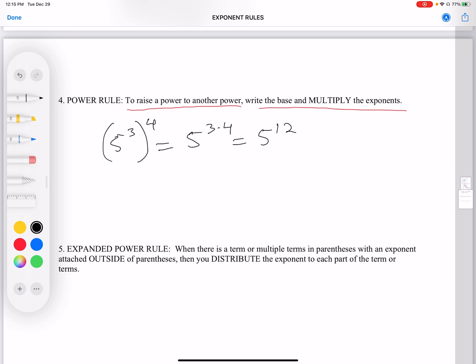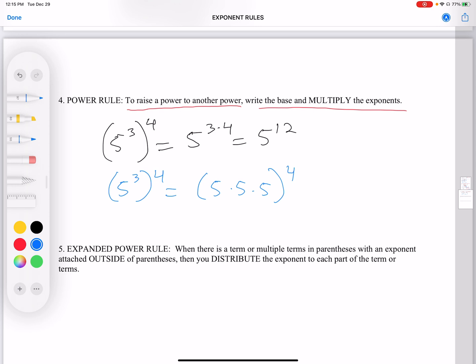Why does that work? Well, think about it. If I've got 5 to the third, and I raise that to the fourth, if I expand this, this now becomes 5 times 5 times 5, all to the fourth power.